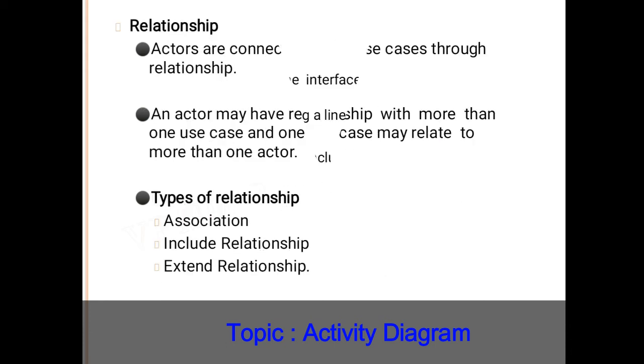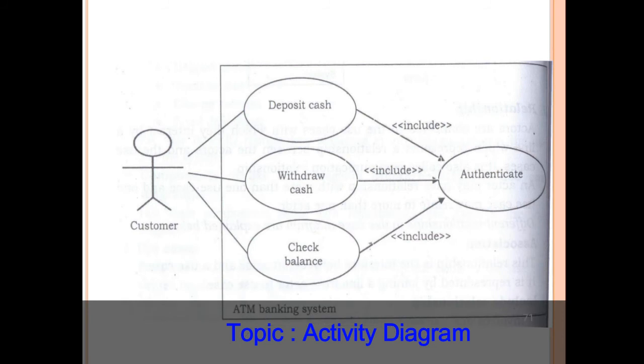See, this is nothing but the customer, and this use case diagram is for the ATM bank system. So the customer can deposit cash, the customer can withdraw cash, and also the customer can check balance.